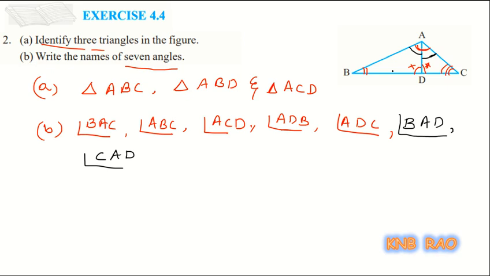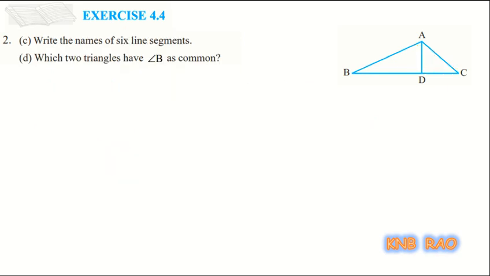Now coming to question number 2, sub question C, on the same figure, write the names of 6 line segments. It is easy to identify 6 line segments. In triangle ABC, I have got sides AB, BC and CA.